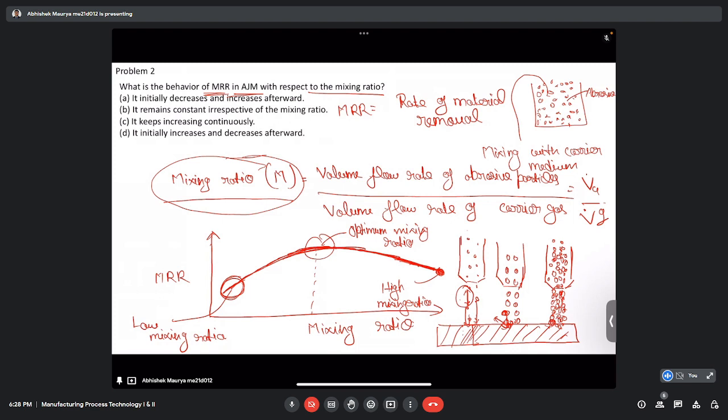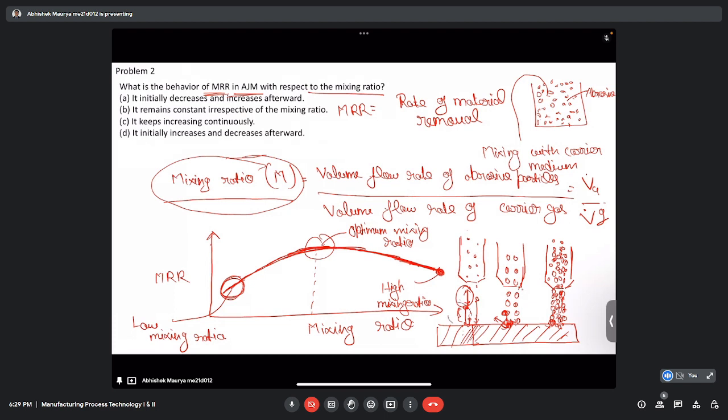We will be mixing only that much abrasive which will actually be responsible for material removal, and there will be no time lag as there was in the earlier case, where the gap was too much. After the first abrasive there was some lag, then the next abrasive came, therefore the material removal rate was slow.